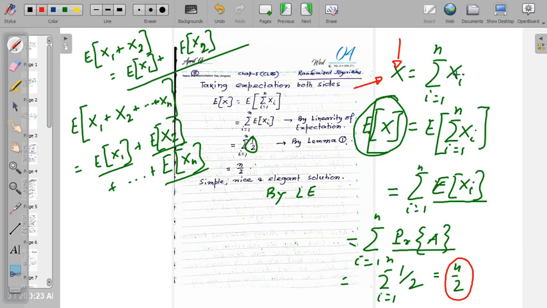And this xi says whether on a particular day you are taking food or not. Now the same expectation, taking expectation inside.